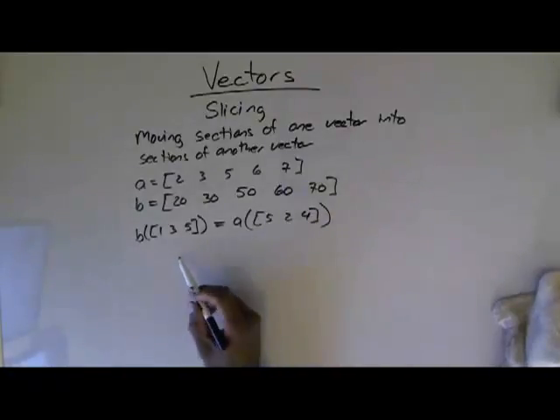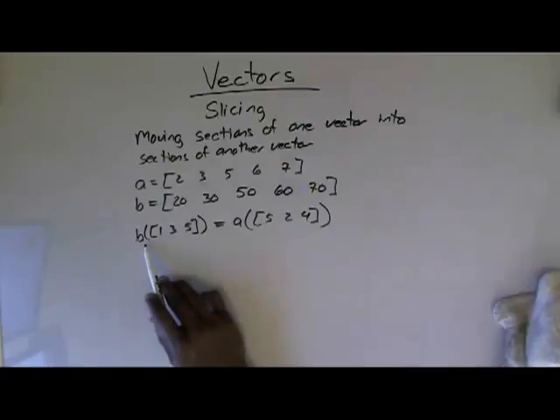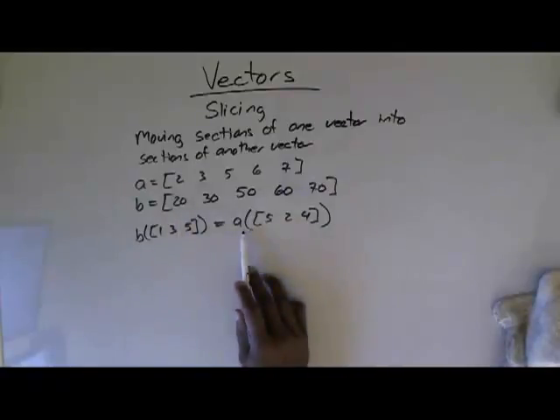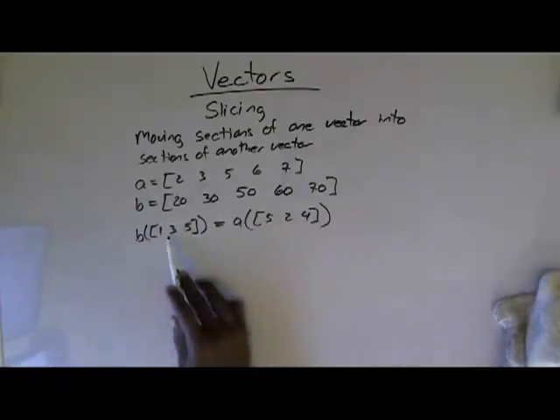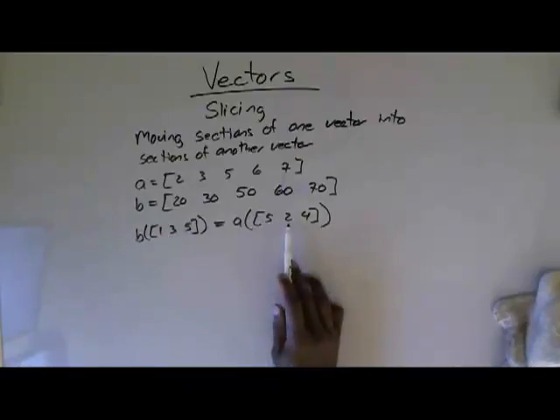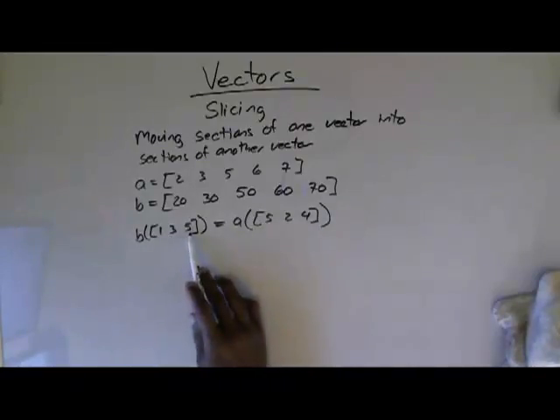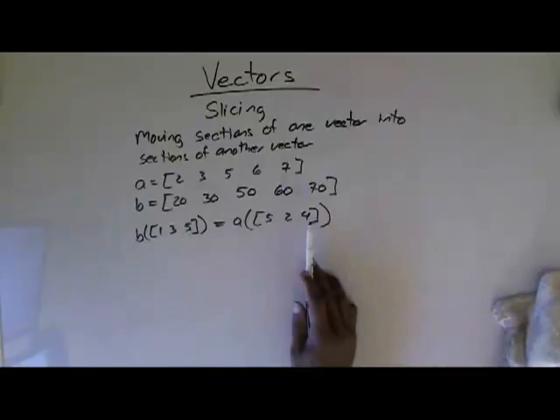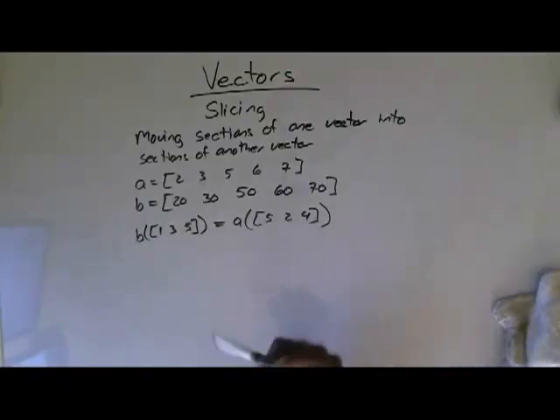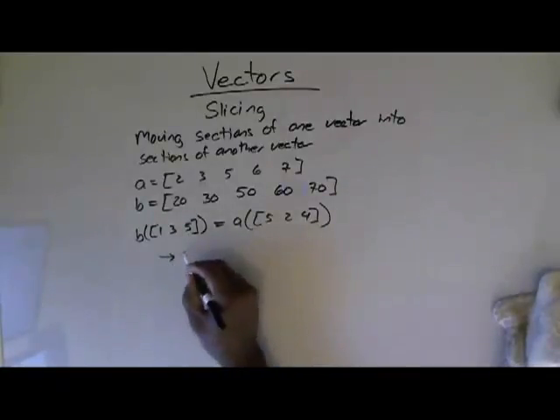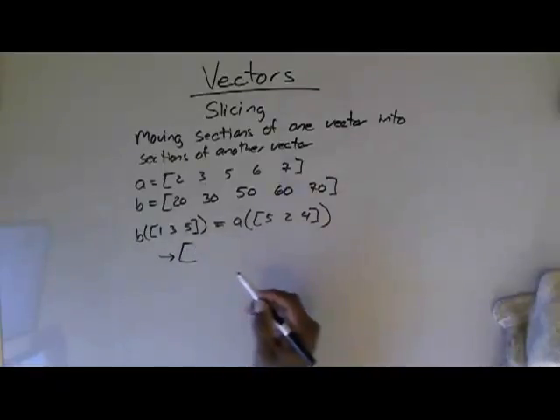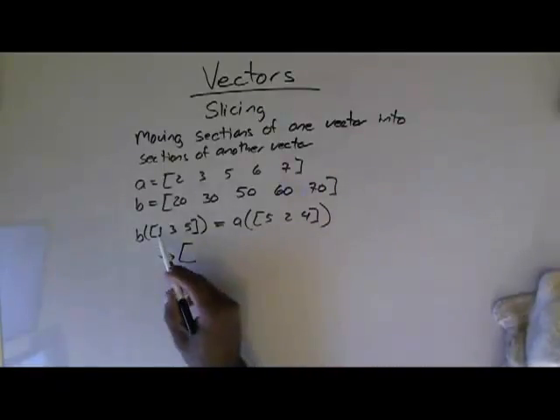Well, what does that mean? The value in location 1 in B gets replaced by the value in location 5 in A. The value in location 3 in B gets replaced by the value in location 2 in A. And the value in location 5 in B gets replaced by the value in location 4 in A.